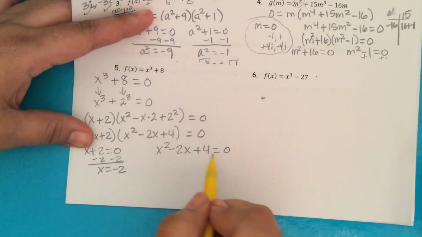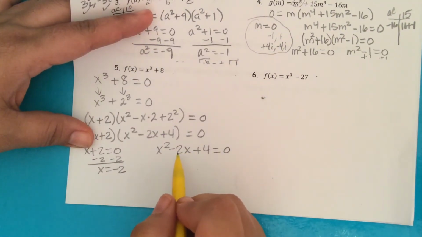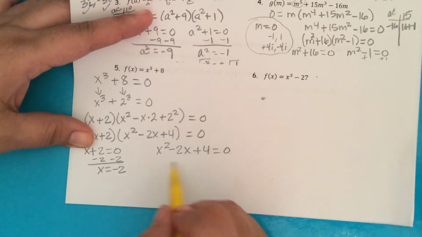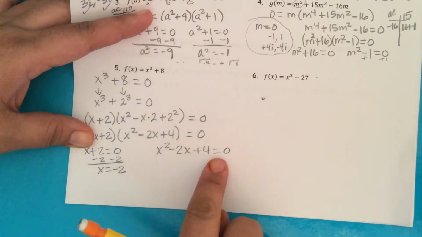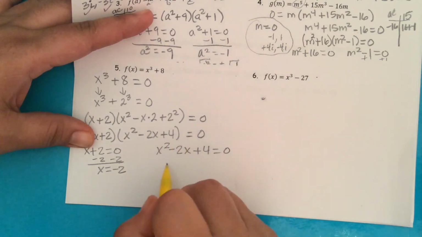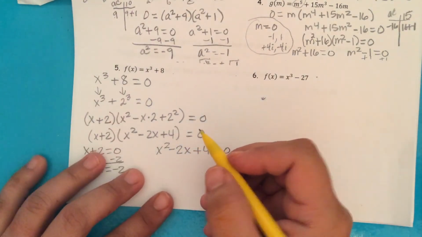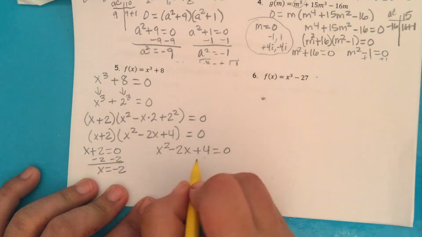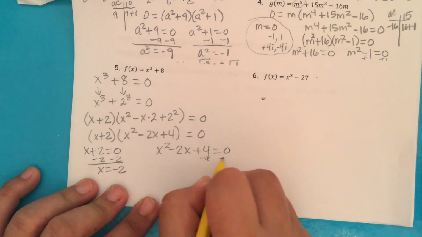Now this one, you can only solve this using the quadratic formula or completing the square. You can't factor this. It can't be factored. So either you use the quadratic formula or completing the square. Since we've been doing completing the square, I'm going to do that first.